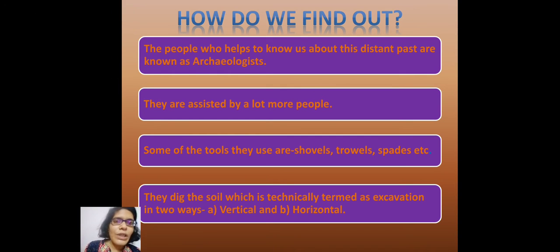Now, first let us know one thing. We are speaking about a time where we did not have any photographs, any televisions, any cameras, any recorders. Then how do we know about such early people who were born millions and millions of years ago?